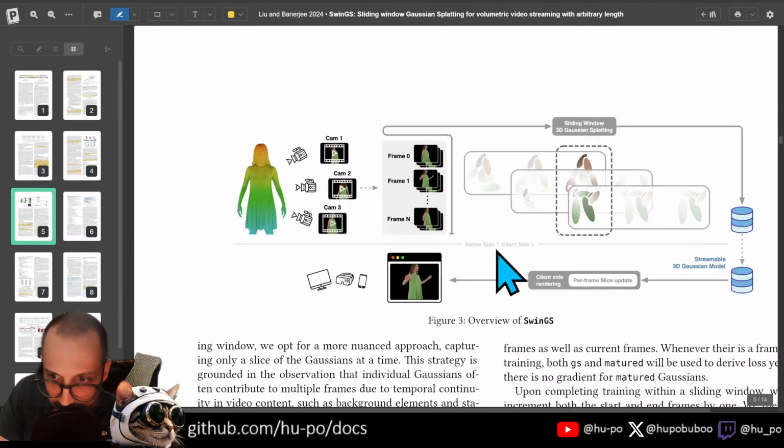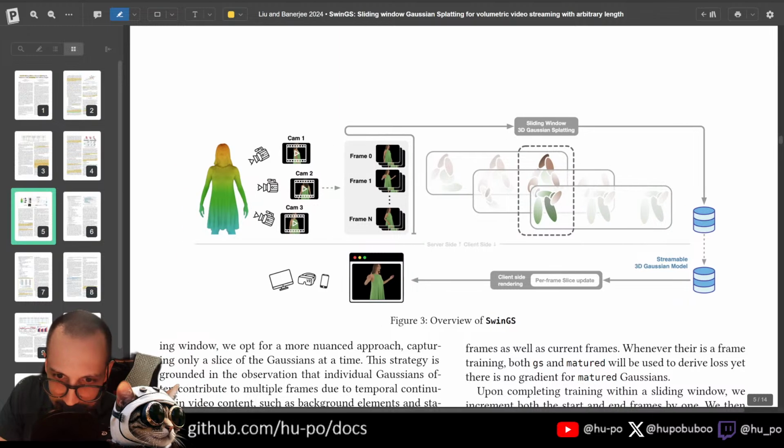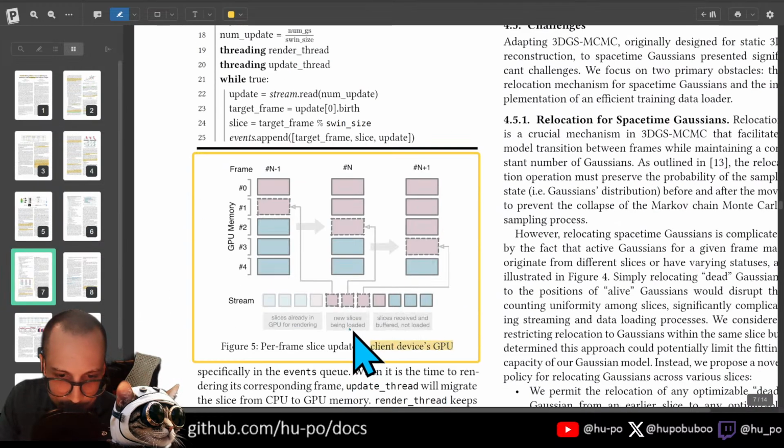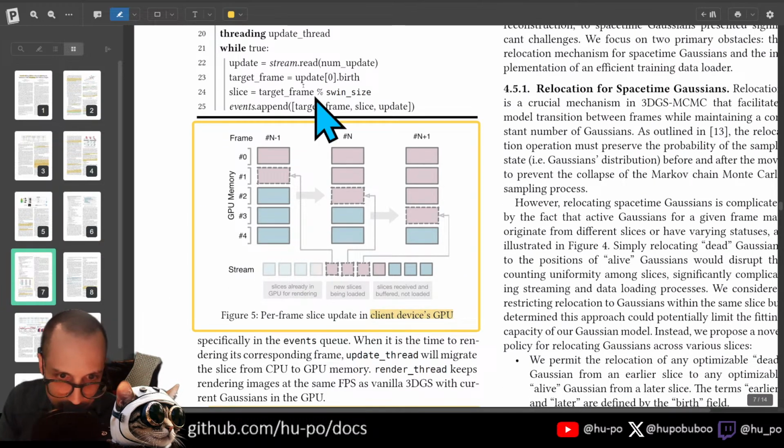In this one, they have effectively this Gaussian splat where some of the splats are coming in and some of the splats are going out, right? So you're removing part of the splat and then adding part of the splat over time. So that's how you're getting a volumetric video. It's like you're swapping out Gaussians. In this one, they're not doing that at all, right?